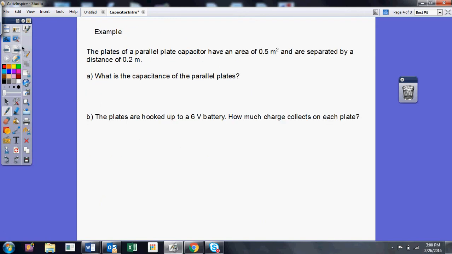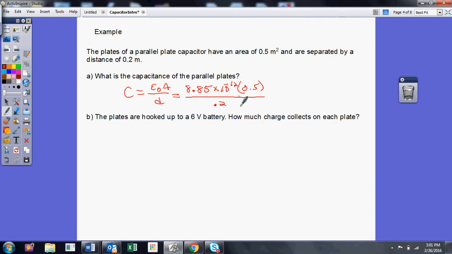So a quick example of that is if they give you something like this, using these numbers. So the capacitance here of this capacitor is epsilon naught A over D. So you get 8.85 times 10 to the negative 12th times the area, which is 0.5, over the separation of 0.2, which is an enormous separation.